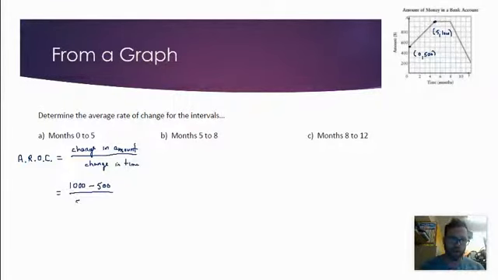The change in time is 5 months minus 0 months. We're literally just finding the slope of that line segment. So we get 500 over 5, which is 100. The interpretation there is our bank account is climbing at $100 per month. And maybe I'll just pop in here that it's increasing.